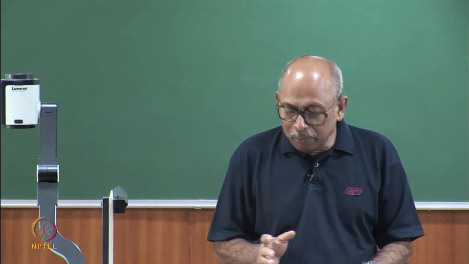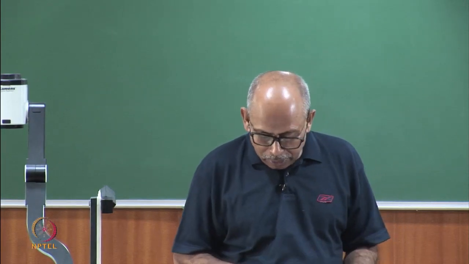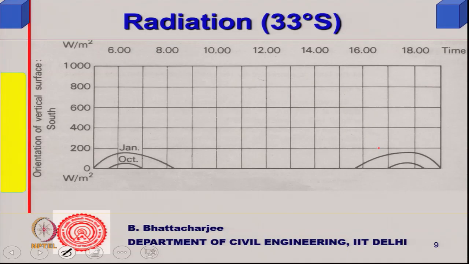This type of variation is important for understanding what we are going to discuss next. Again, this is the same 30 degrees south. The south surface will get some radiation, because the sun rises somewhere beyond the east.